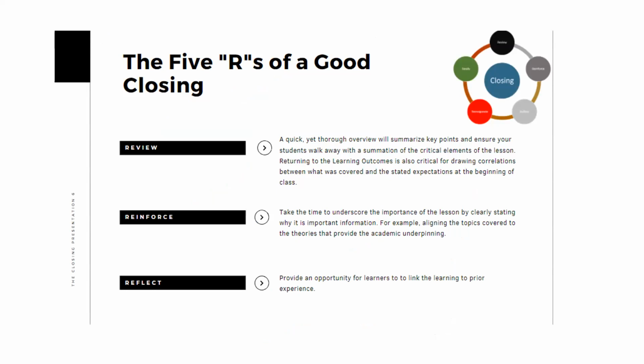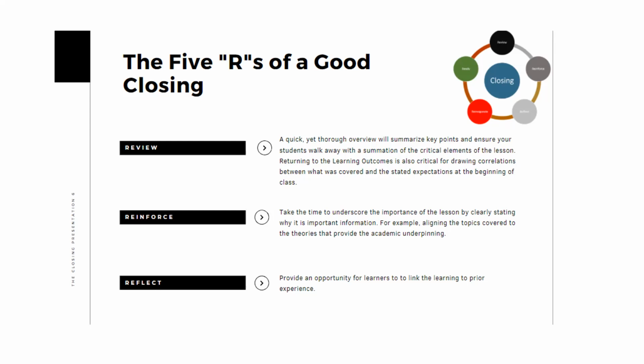Okay, so the 5 R's of a good closing. So review. You need to provide a brief summation. You need to go over the key points, the key learning points, critical elements of the lesson. You actually have a really solid window at the very beginning of class and the very end of class to capture students' attention. So you want to make sure that you capitalize on that attention and go over those key points.